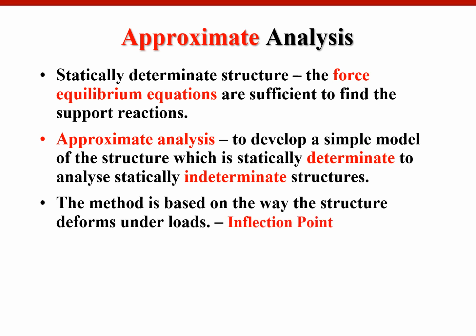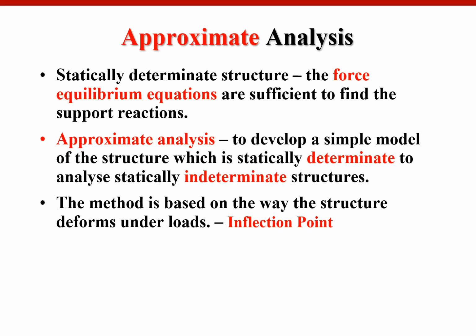So to come up with the additional equations for the additional unknown, we are going to use sophisticated exact method or approximate method. And in this approximate analysis method, we are going to utilize inflection point.